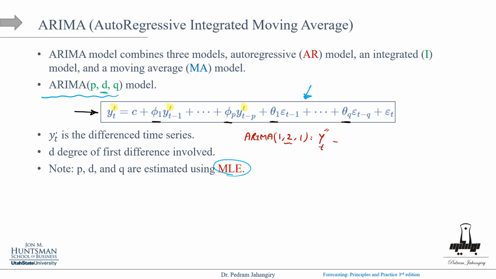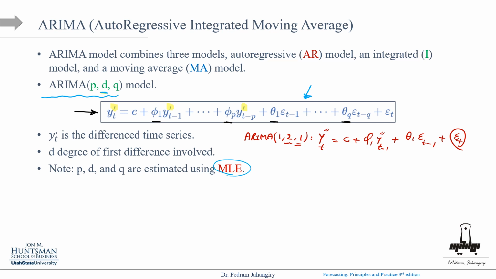Then I need a constant, an autoregressive component, phi 1 y double prime_{t-1}, and one component for the error, theta 1 epsilon_{t-1}, plus the error in the data. Hopefully it makes sense.